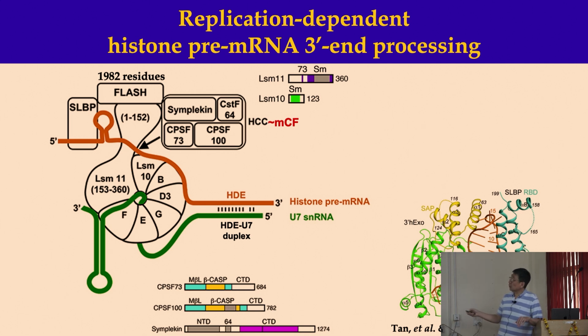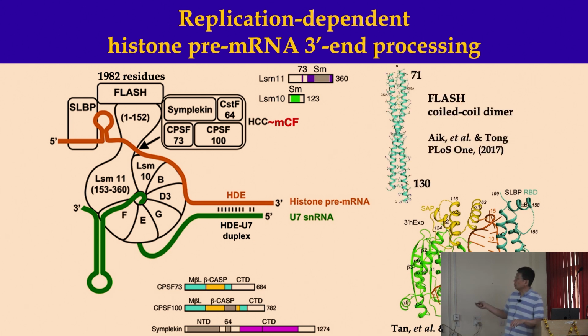The next thing is FLASH, which, as I just said, is a 2,000 residue protein, but most of that is disordered. Only a very small piece of it is required for histone pre-mRNA 3' processing, again based on the work of our collaborators Zbig Dominski and Bill Marzluff in Chapel Hill, North Carolina. We then determined the crystal structure of that piece of FLASH required for 3' processing.